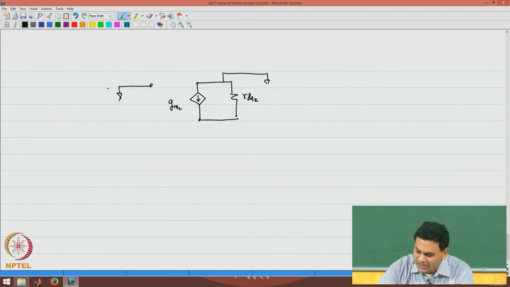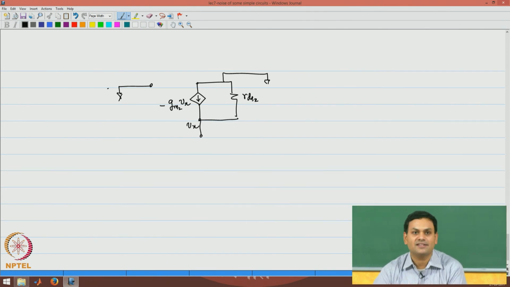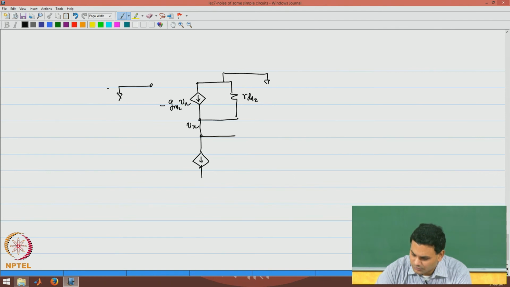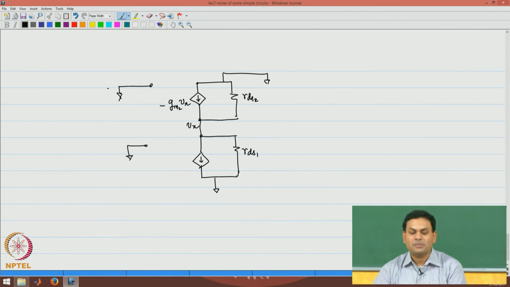I will call this intermediate node voltage Vx, and therefore this current source for M2 is minus GM2 times Vx, because the gate is a small signal ground. Please note that for noise purposes the gate of M1 is also grounded, and therefore this is GM1 times 0.